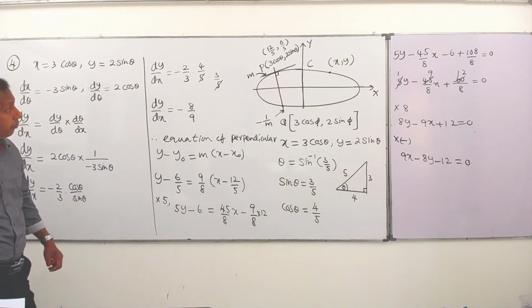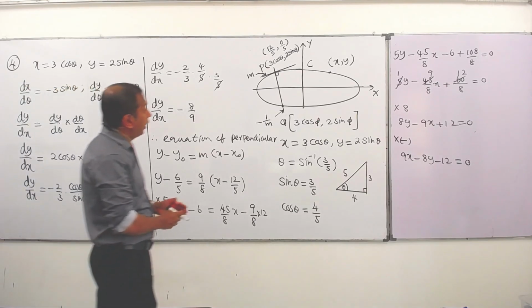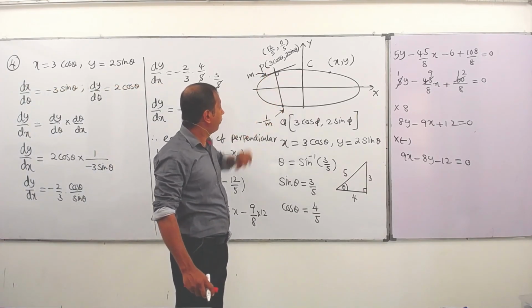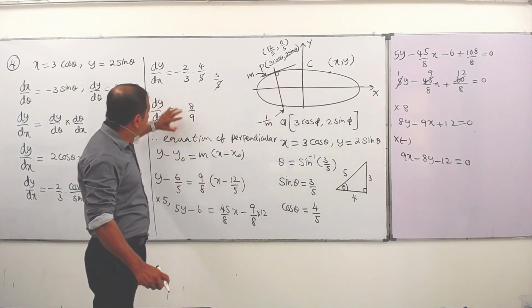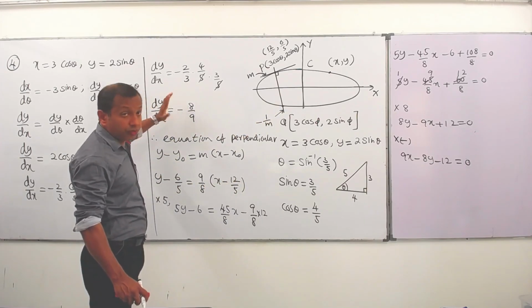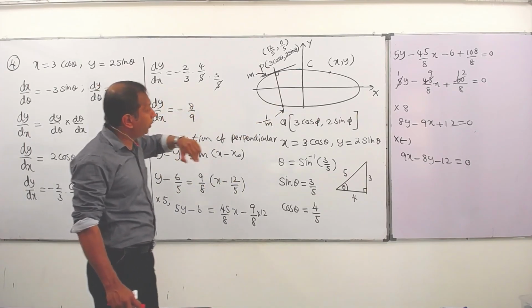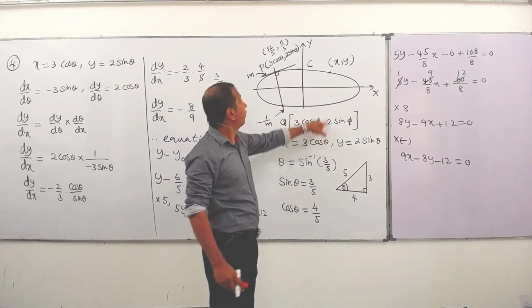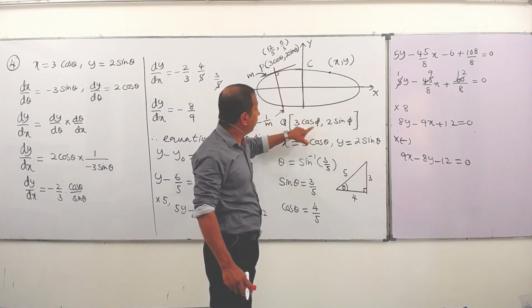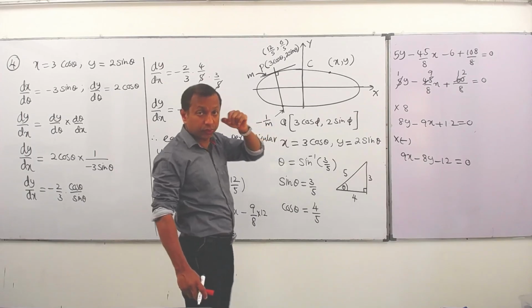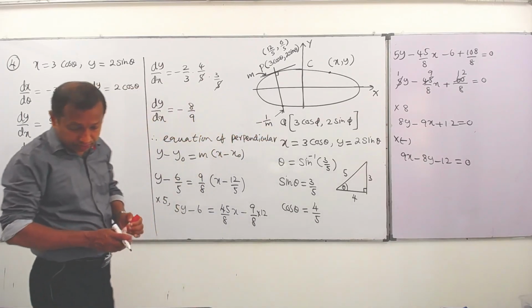Now you can see here the gradient of this PQ, we know it is the minus reciprocal of this. The gradient of PQ can be found as the difference of y coordinates divided by the difference of x coordinates. Understood? Then we get that answer, next answer.